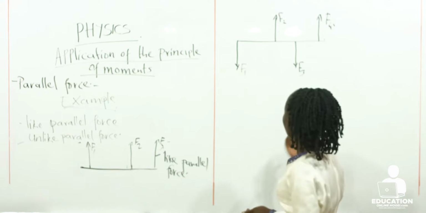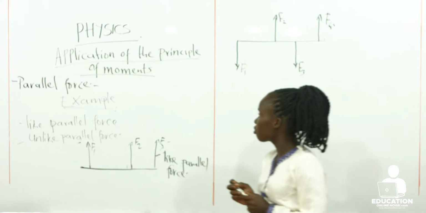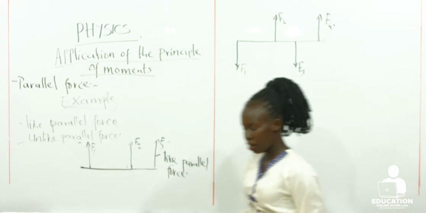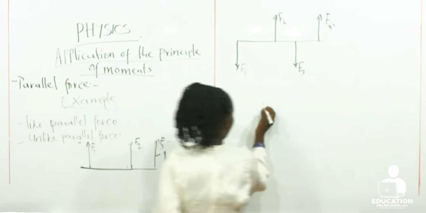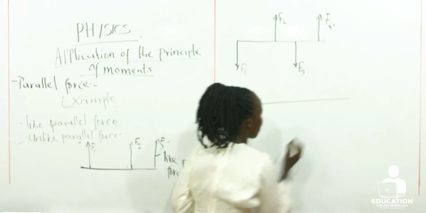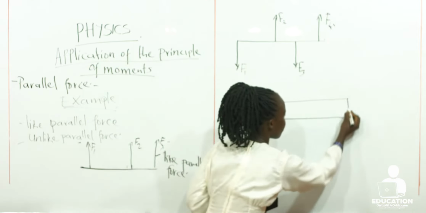So if we have it like that, how do you apply the principle of moments in these parallel forces? Let's take a look at this. Let's take a meter rule there.